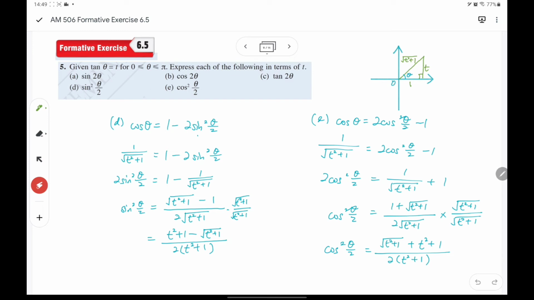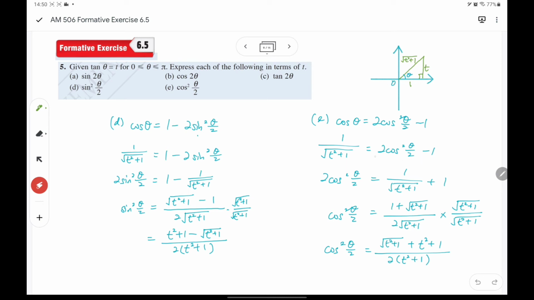E. Cosine square of theta over 2. Cosine square of theta over 2 can be related by cosine theta equals 2 times cosine square theta over 2 minus 1, as this is half of theta. So start with cosine theta. We have 1 over root of t square plus 1 equals 2 times cosine square of theta over 2 minus 1.